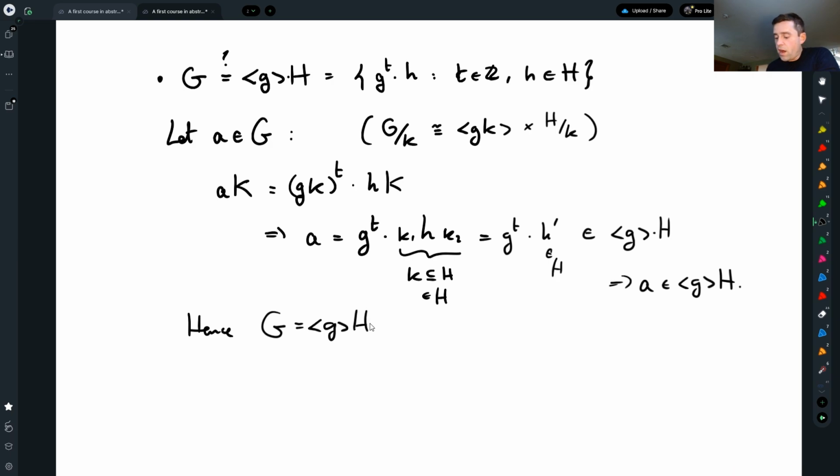And now we've satisfied all the conditions of an internal direct product, and so G is isomorphic to the subgroup generated by G direct product with H.